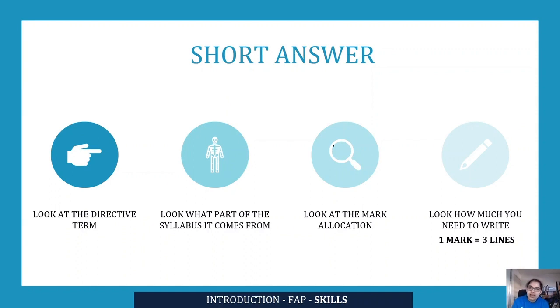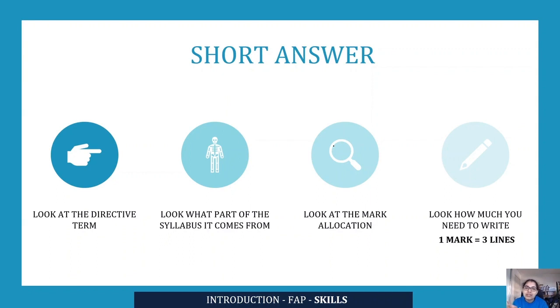Then look at the mark allocation, and that will help you determine how much you need to write. A very big generalization is 1 mark is 3 lines. It's very general, maybe 2.5 lines, but I think that's a good general indicator to go by.